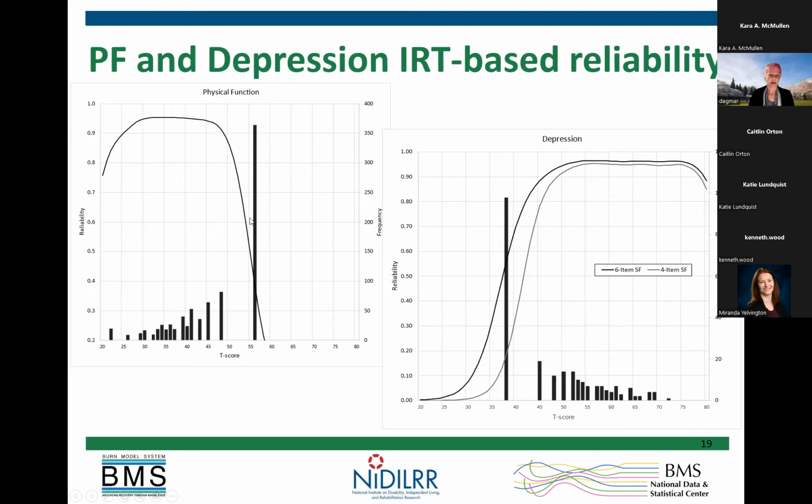So we have a lot of people who have physical function better than the mean physical function. And we don't do a very good job of differentiating these people. We can't tell you which ones are Olympic athletes and which ones are just regular Joe Schmo who have good physical function.